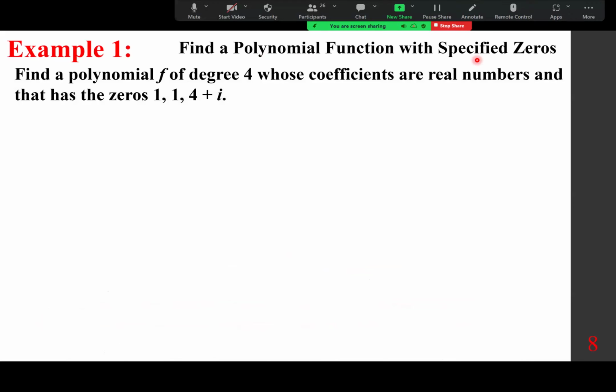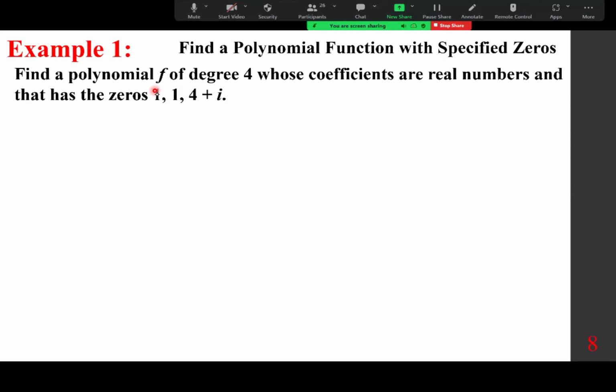Find a polynomial function with specified zeros. Find a polynomial f of degree 4 whose coefficients are real numbers and that has the zeros 1, 1, 4 plus i. When it repeats, that means 1 is being repeated. That means the function has a factor of x minus 1 quantity squared. That's the meaning of it, everybody.